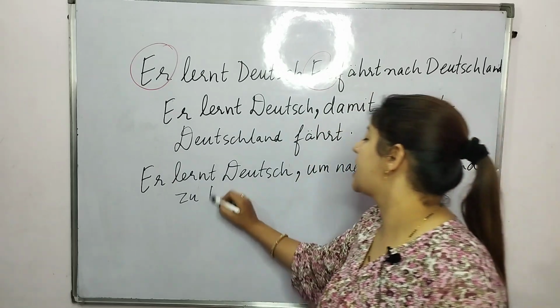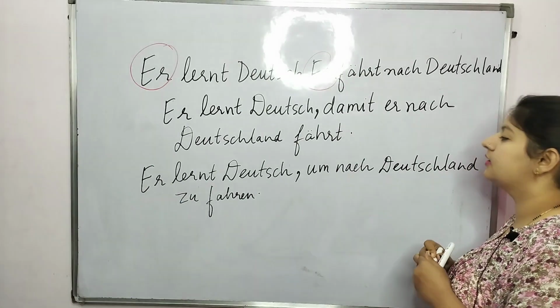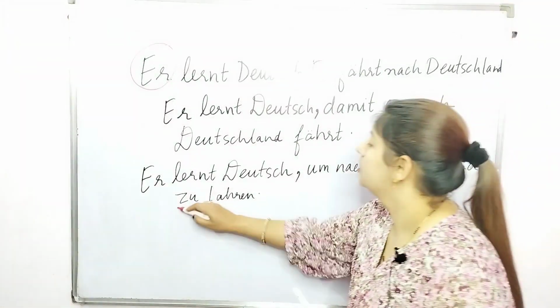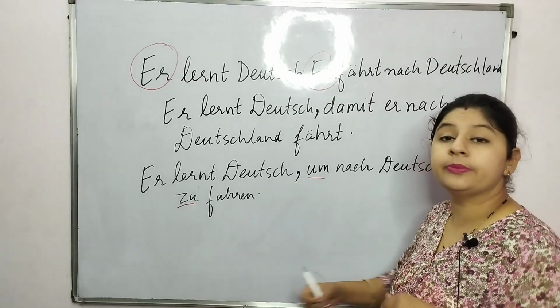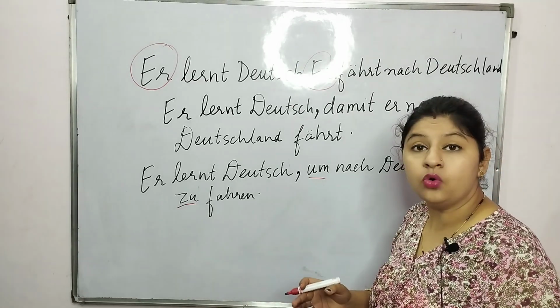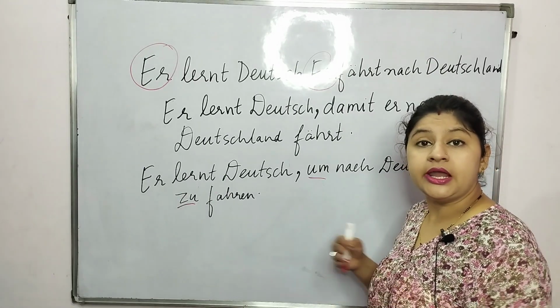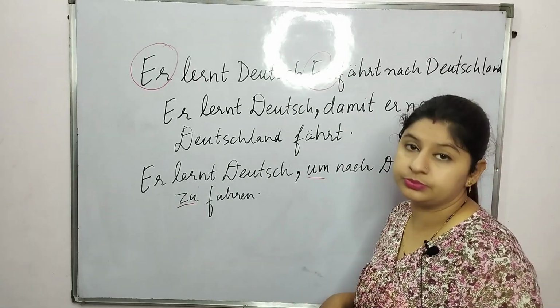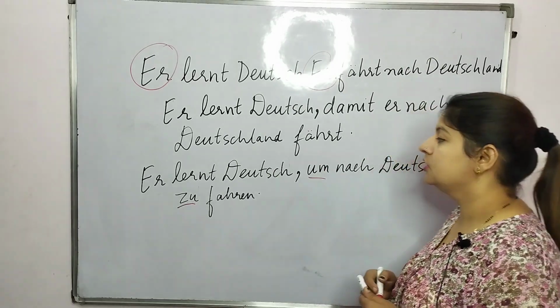Here, zu: nach Deutschland zu fahren. Verb at the end without conjugation. So he is learning German in order to go to Germany.